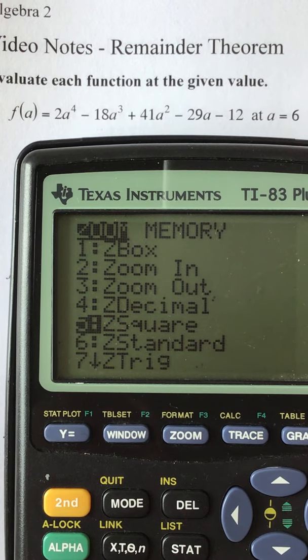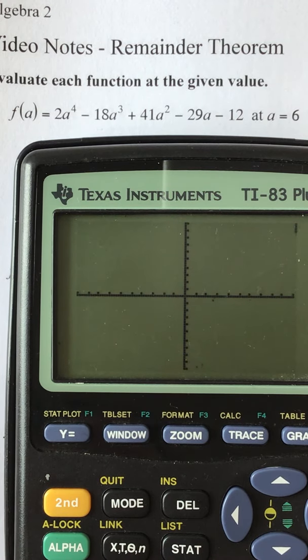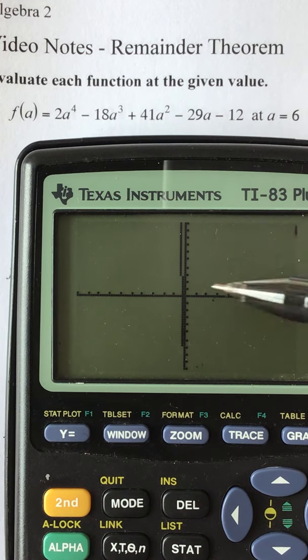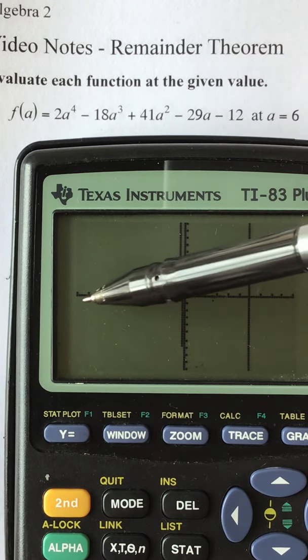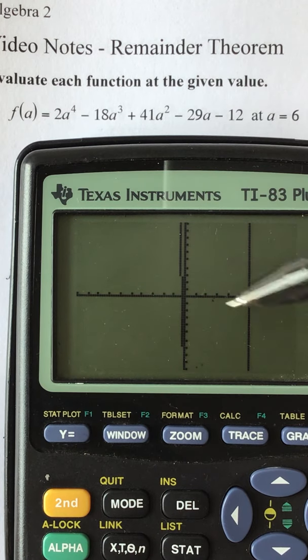Now I'm going to graph it on the standard grid, so I'm going to say graph on a 10 by 10. I really don't have any idea where that's going to be. Okay, there's a little bit of it. Now it doesn't matter. What I have to do is have 6 be on the screen. So it's going from -10 to +10. So 6 is 1, 2, 3, 4, 5, 6, right about there.